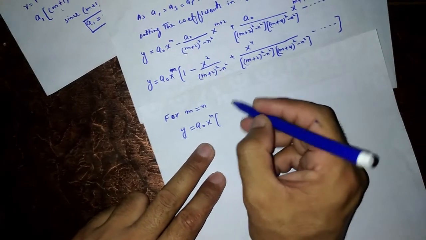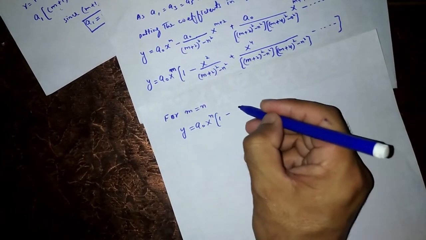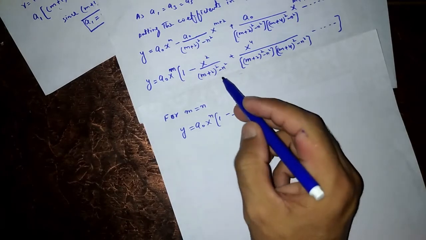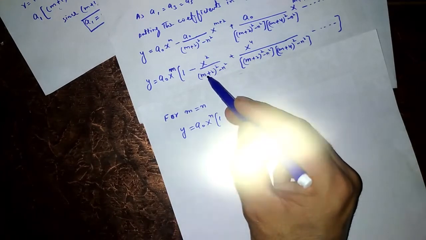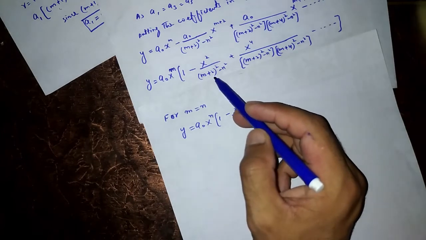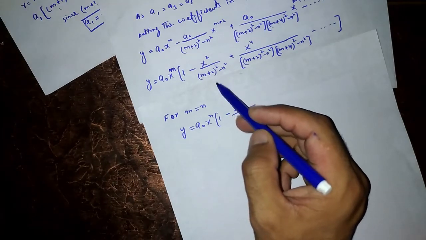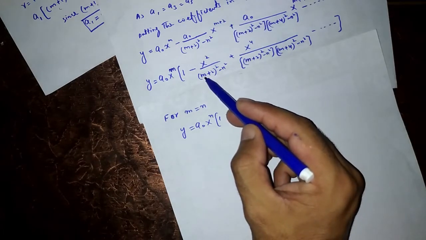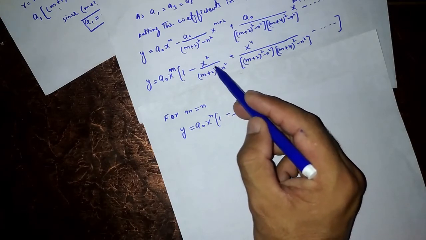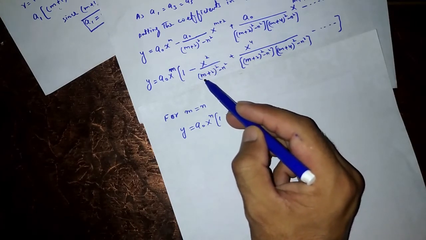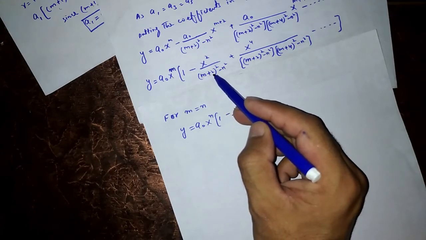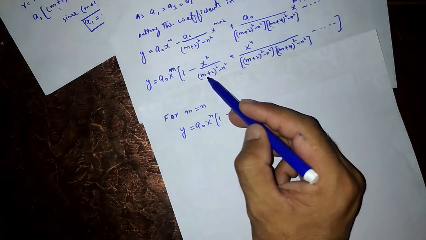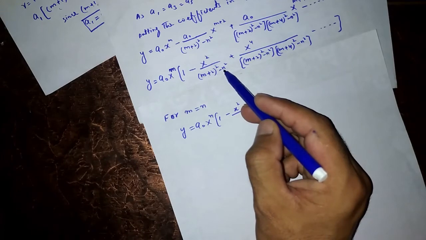into 1 minus x square divided by, if you replace here m by n and then open this square, this will be n square plus 4 plus 4n minus n square.